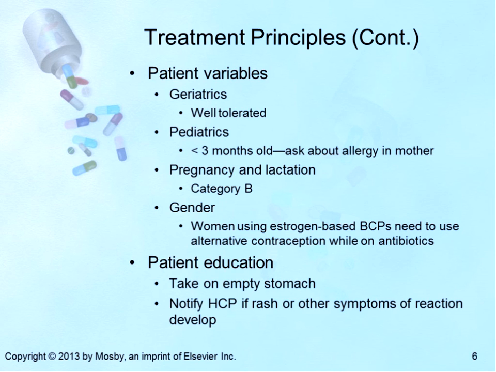For pediatrics, for infants younger than 3 months, you must investigate the history of a penicillin allergy in the mother. Often these infants will also have a penicillin allergy if their mother is penicillin allergic.